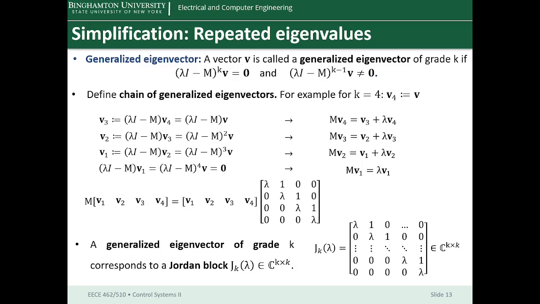This form is not purely diagonal, but it's diagonal-like, and it captures exactly how the matrix stretches and mixes directions when there aren't enough independent eigenvectors. It's one of the most powerful ideas in linear algebra and is the foundation of the Jordan canonical form.